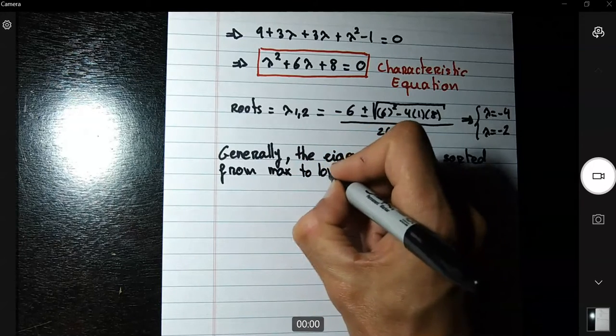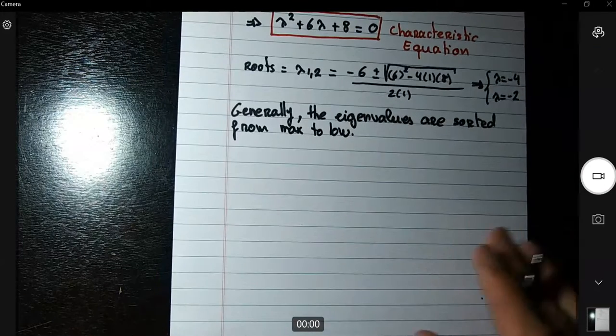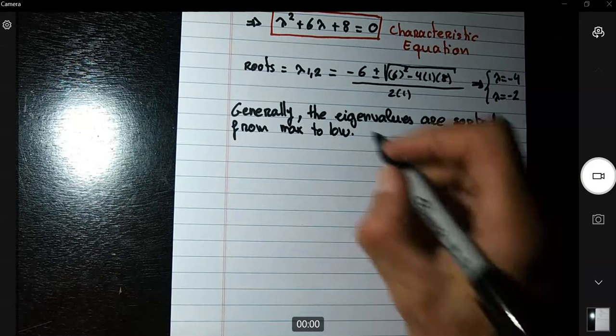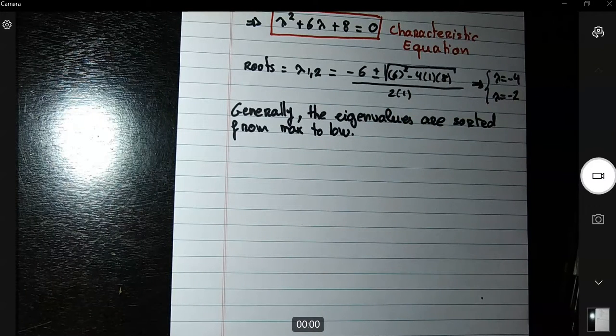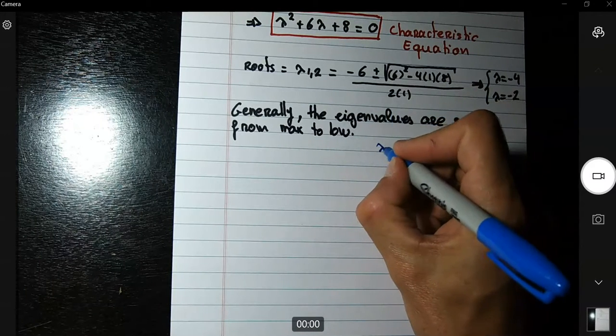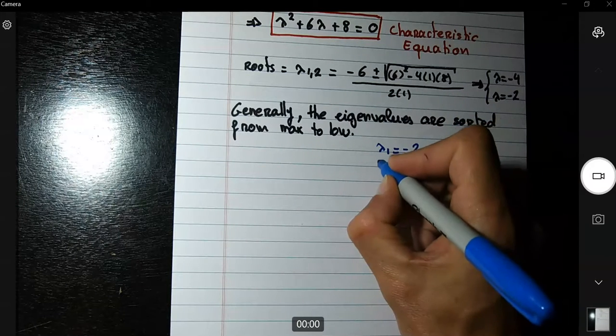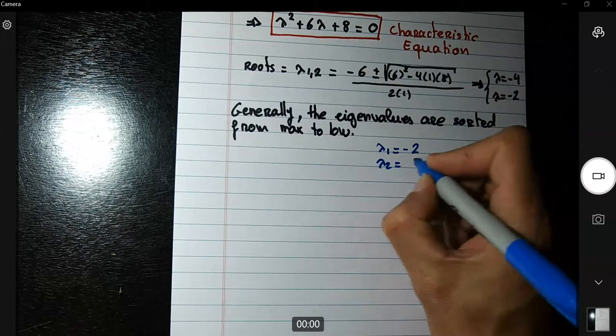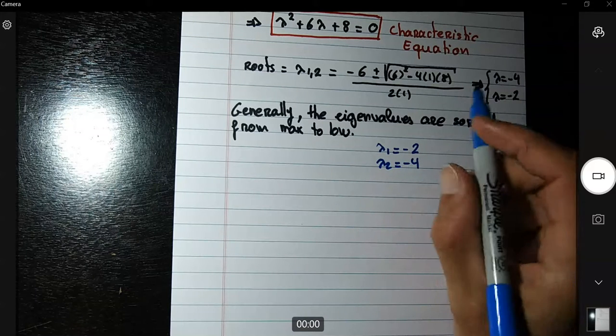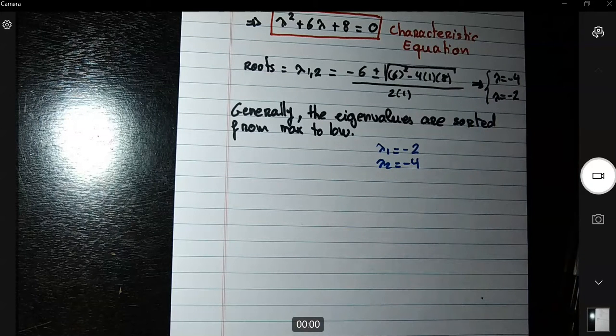But it really doesn't matter. So in our case, our maximum will be which one? -2, and our minimum here is -4. Okay, so these will be our two eigenvalues.